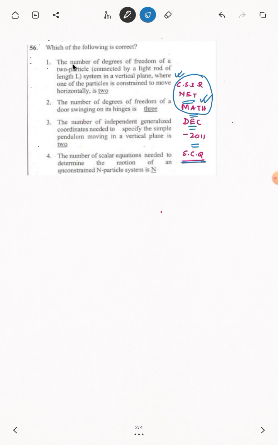This is a single choice question, that means only one option is correct. The number of degrees of freedom of a two-particle system is asked. Two particles are connected by a light rod of length L, in a vertical plane, so everything is happening in a plane.